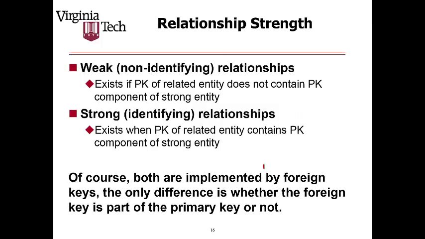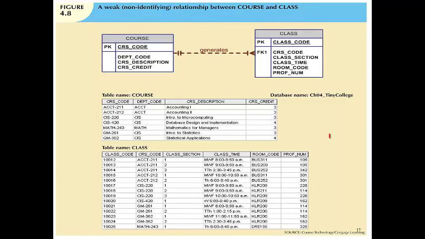It's important to remember that all relationships in all relational databases are implemented by keys and foreign keys. What's different between weak and strong is whether that foreign key is part of the primary key of the dependent entity. And so here's an example where it is a weak, non-identifying relationship.